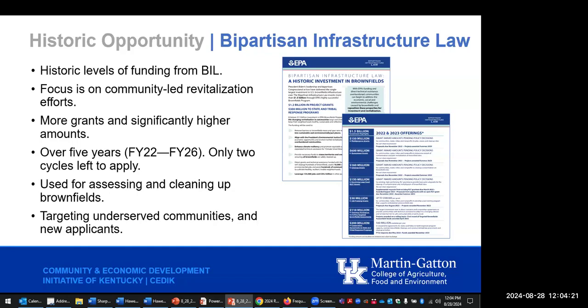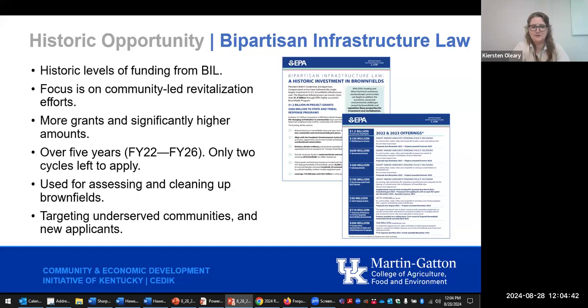There's been a huge focus on community-led revitalization efforts. There are more grants at significantly higher amounts, and cleanups that weren't able to be done previously because of cost limitations are now rolling. And there's only 2 cycles left to apply at this higher amount. So this fall and next fall are what we're looking at.